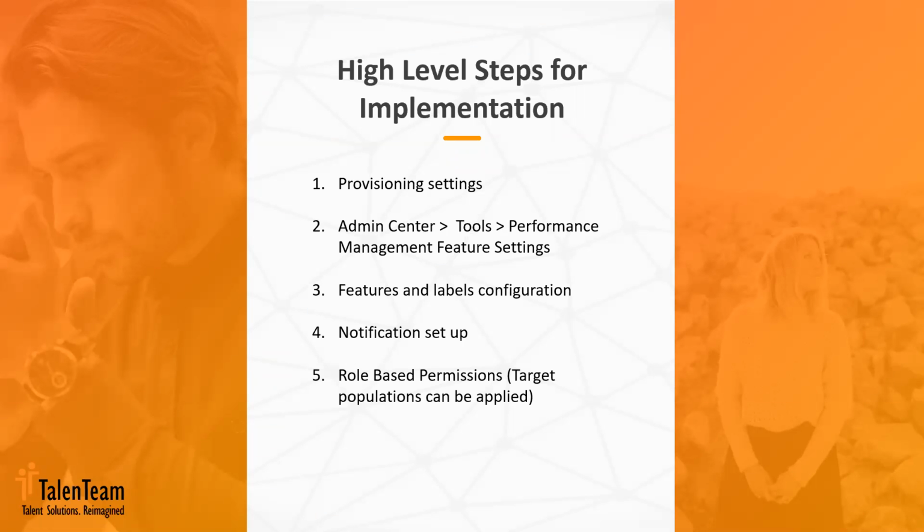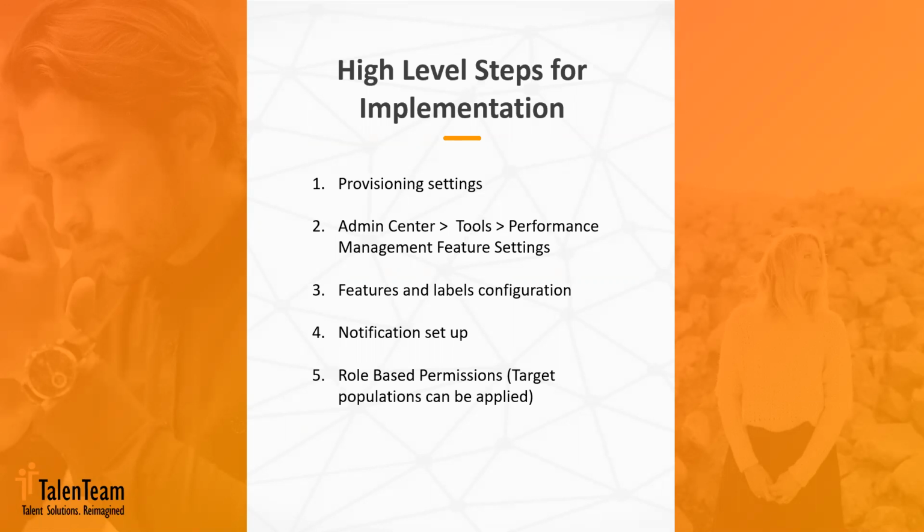So you would have provisioning settings, which you would need a certified partner such as Talent Team to implement on your behalf. Within the admin center, under tools and under performance management feature settings, you need to enable continuous performance management within your options there. You would then need to define your features and your label configuration.